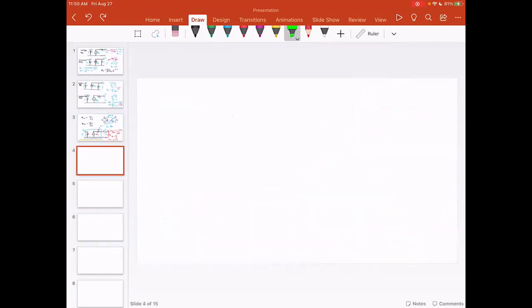So briefly talk a little bit about frequency response. We'll really spend more time on that in the spring. What if we apply a sinusoid to a linear circuit?